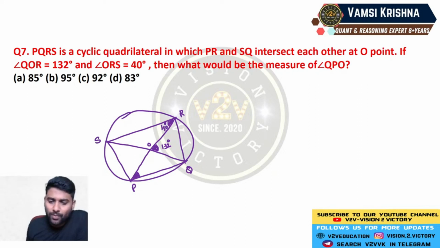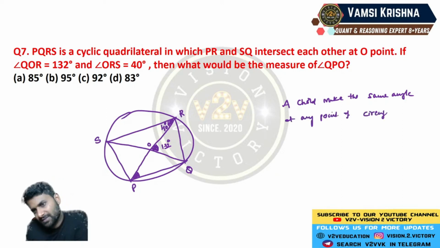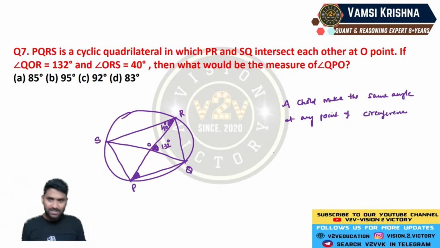Now if you know the chord property, then you can solve this question easily. Let me write a property here. Remember that a chord makes the same angle at any point of the circumference of the circle.